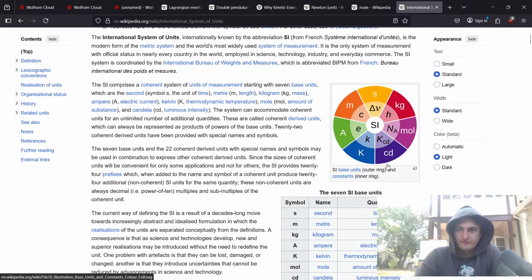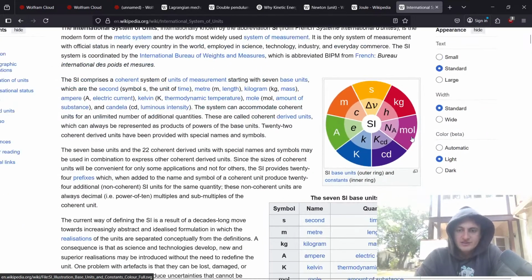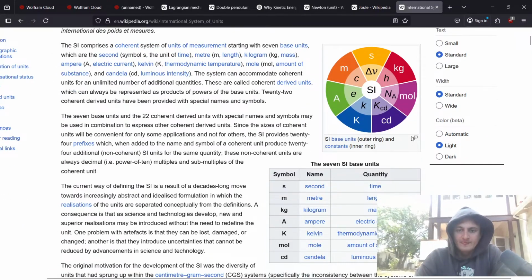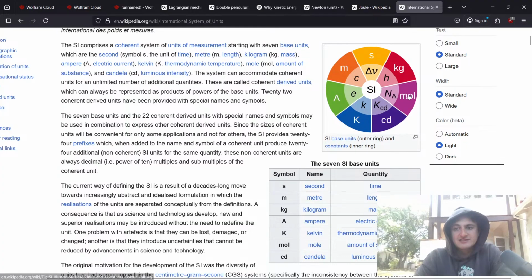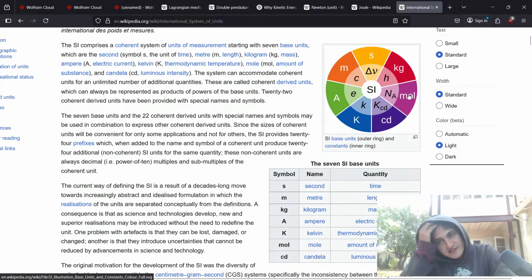So there's distance, time, mass. N_A is interesting because it's literally just an integer, right? Candela.